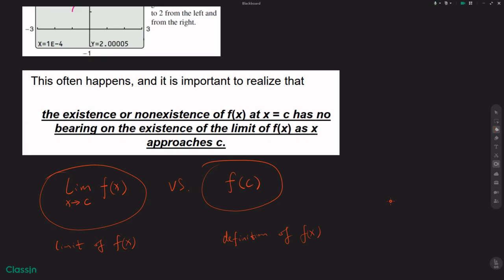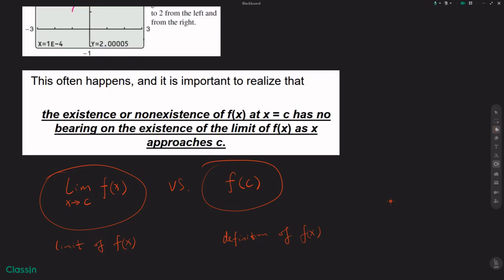And that's the idea I want to give to you about whether or not you're able to find the function value, or the definition of a function f of x, and whether or not you'll be able to find the limit of the function f of x when x approaches a number you want.